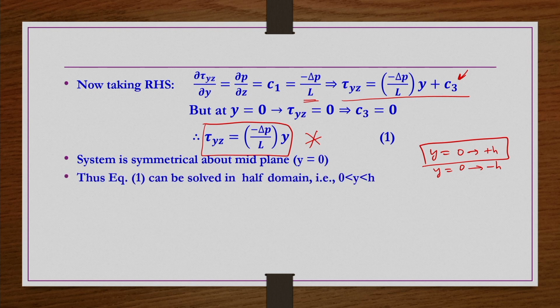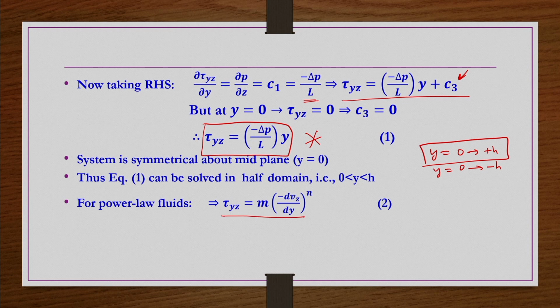Between y equals 0 and h, for power law fluids we take tau yz equals m times minus dvz by dy, whole power n. Why are we taking minus? Because at y equals 0 the velocity is maximum, and at y equals h the velocity vz is 0.